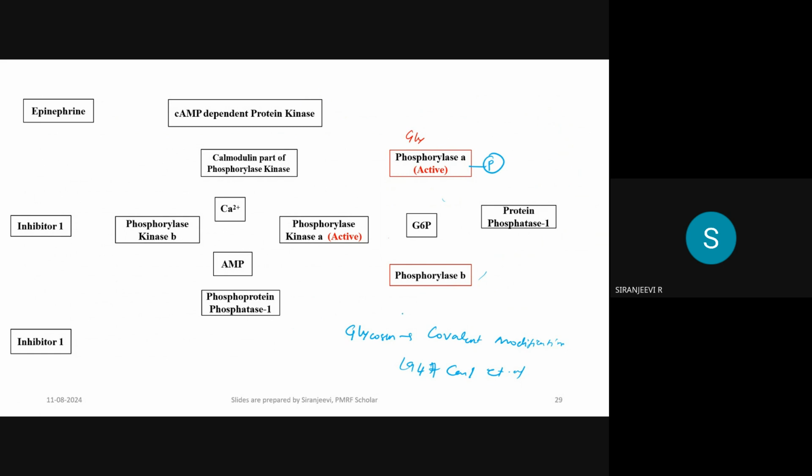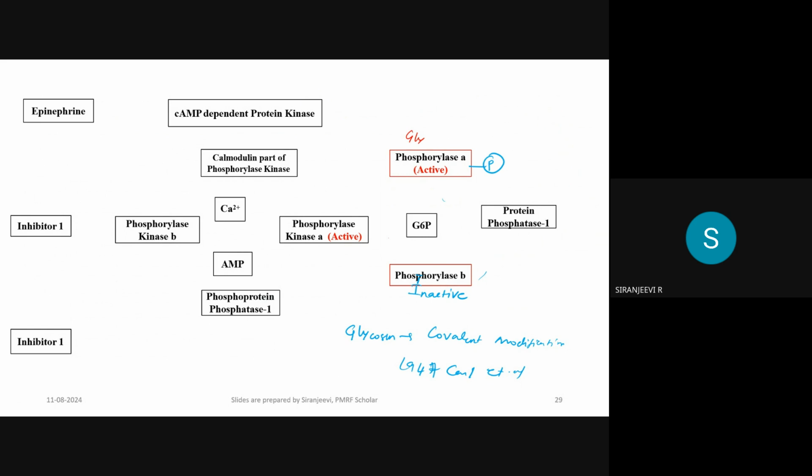How is it phosphorylated? In the presence of phosphorylase kinase. So the dephosphorylated form is an inactive form, and the phosphorylated form is an active form.